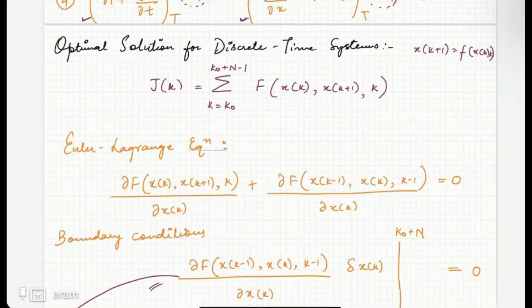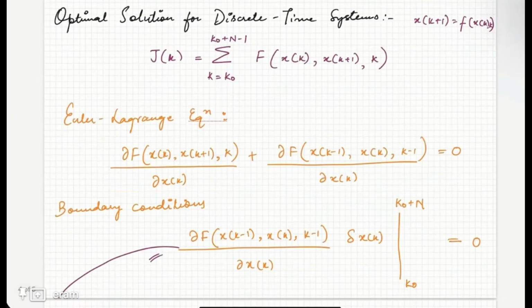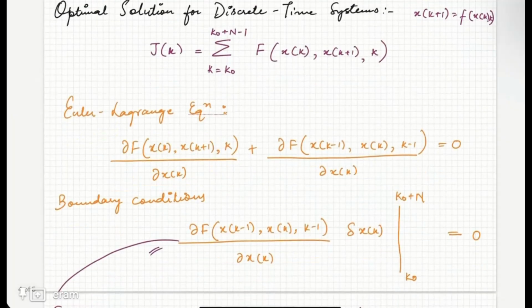And now when we have a vector, that is when x(k) belongs to R^n, similarly when x(k+1) belongs to R^n, then we have to evaluate f with respect to x_i's, where i is from 1 to n.